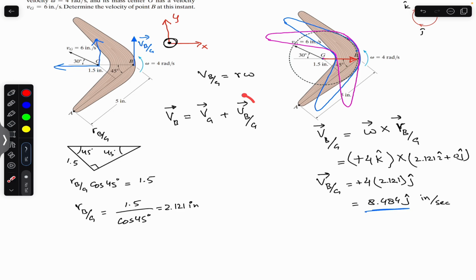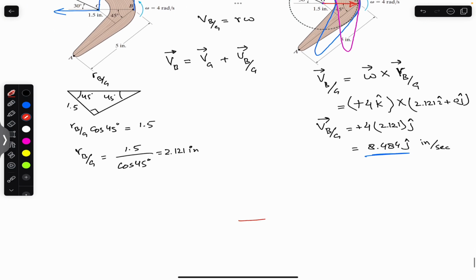For this, the vector of velocity of G plus this vector will give us VB by the head to tail rule, remember. So velocity of G is making 30 degrees with the horizontal. Let me draw the diagram here. This is the velocity of G, which is making 30 degrees.